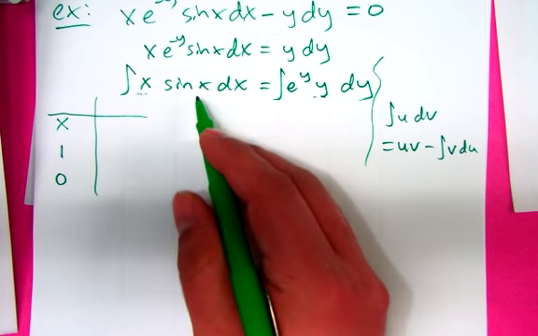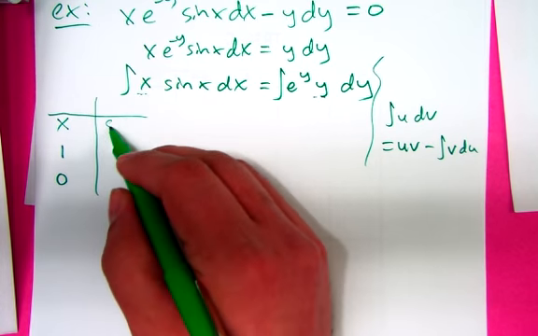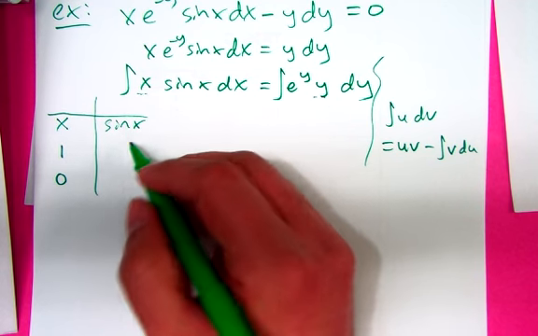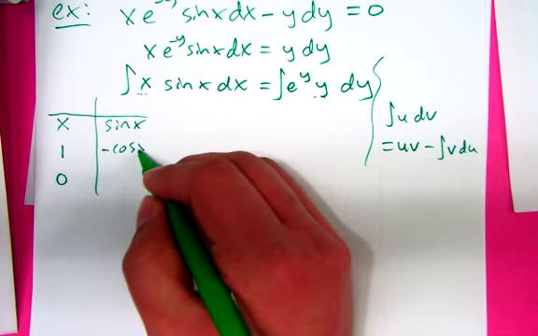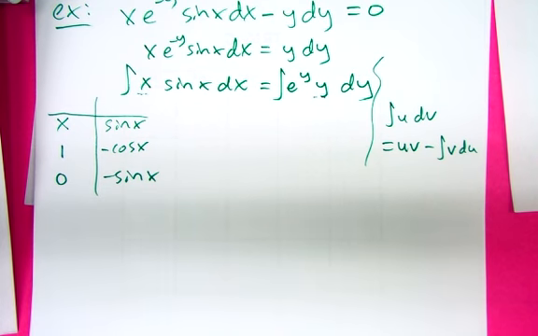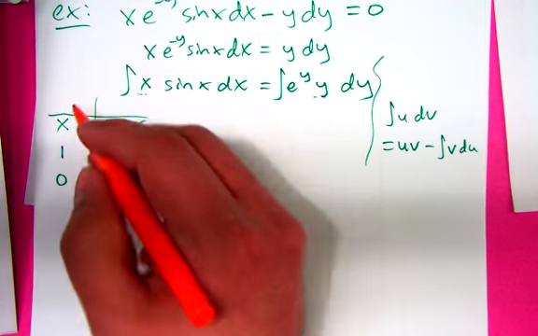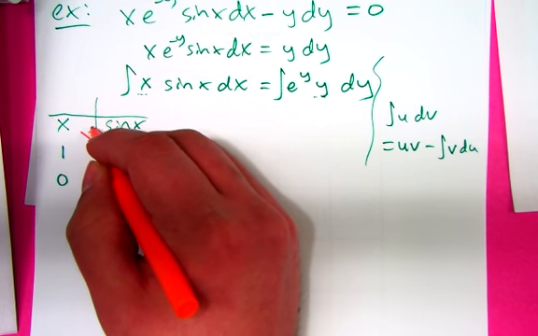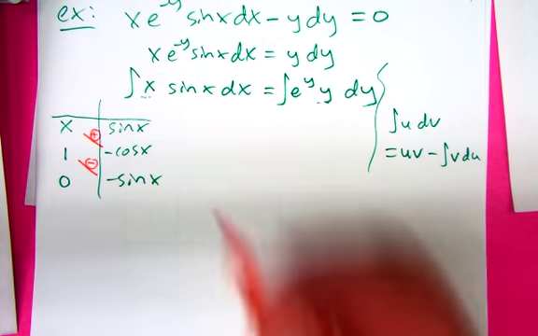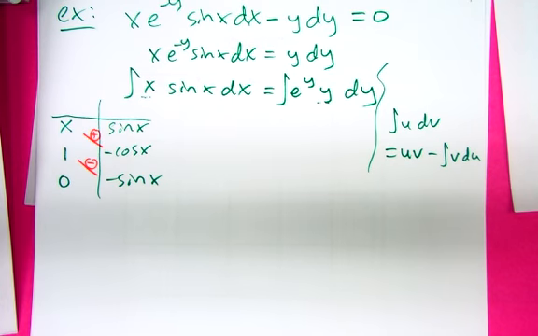So we take the integral of sine x, which is negative cosine x, and then negative sine x. And then if I recall, this gets added together, right? This product gets subtracted, and then it just alternates.